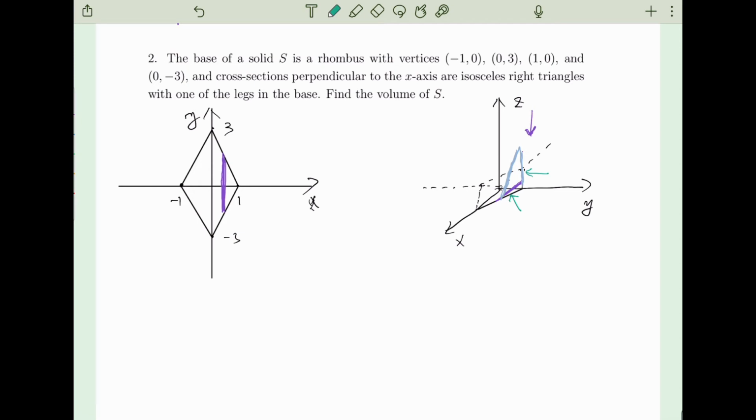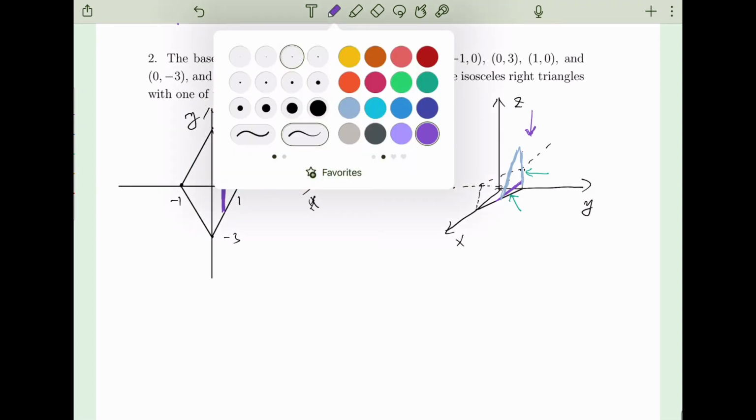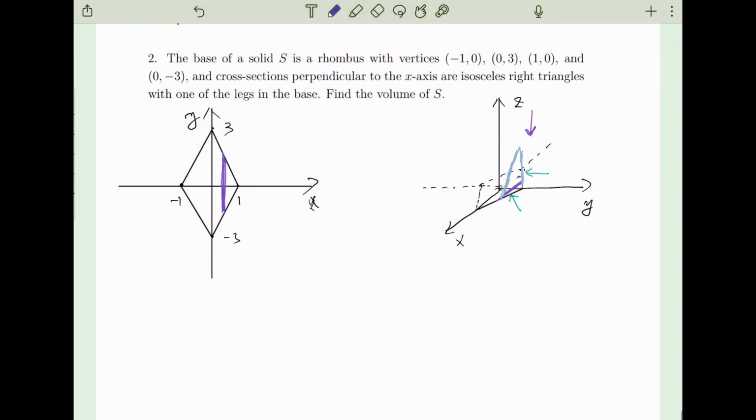And this small slice, this piece of right triangle, is going to scan through the entire base. So you have lots of these pieces of triangle going from left to right, and it creates a solid S. So we need to figure out the volume of this solid S by doing the integration.